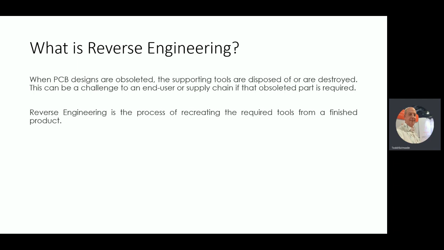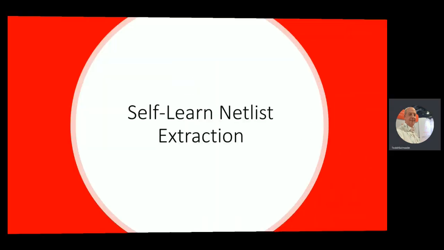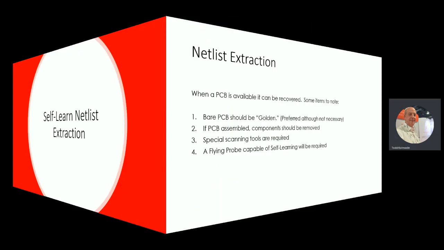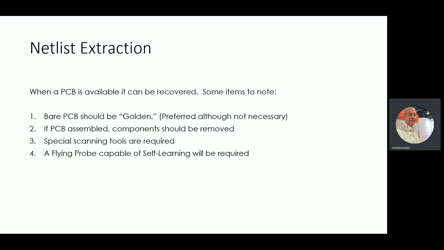So if you have a board that's still in inventory at your manufacturer, you might have it on the shelf, and it could be populated, or it could be basically a bare board. Either one can be used. And the first option for reverse engineering or getting the photo tools back is what we call a netlist extraction.